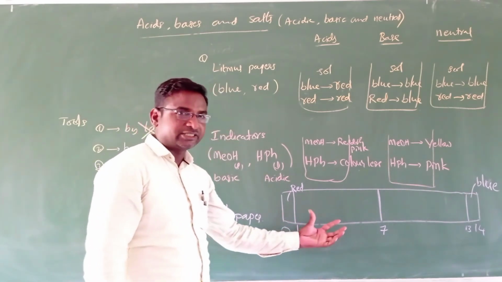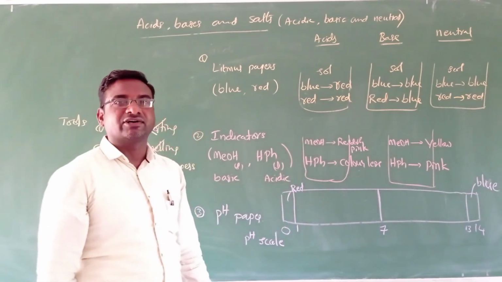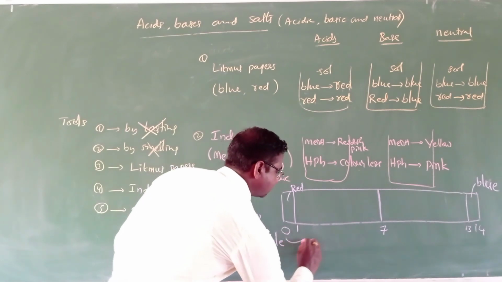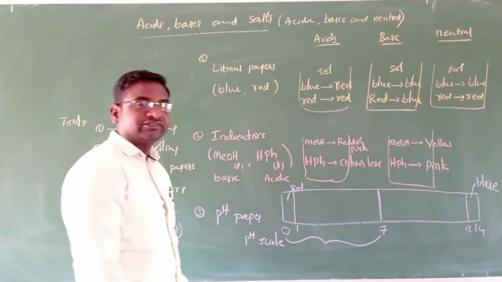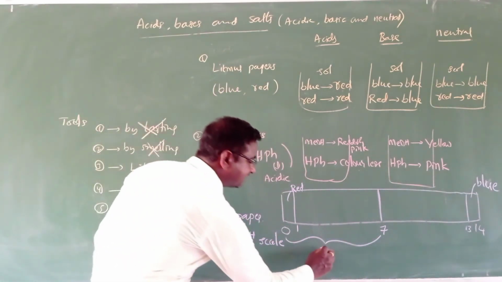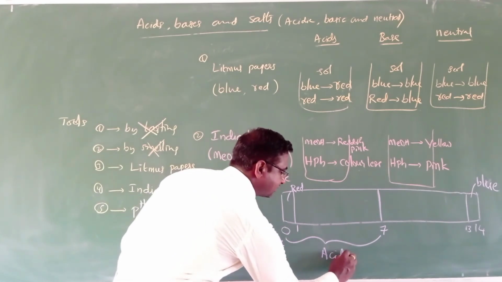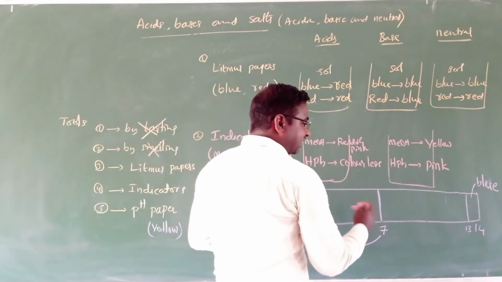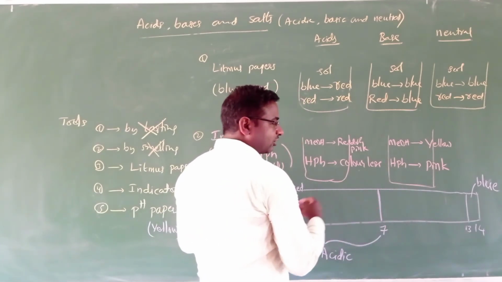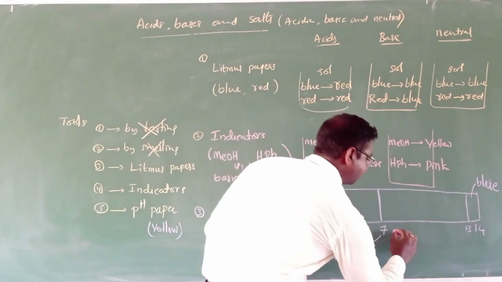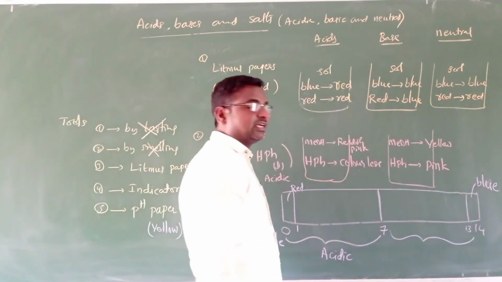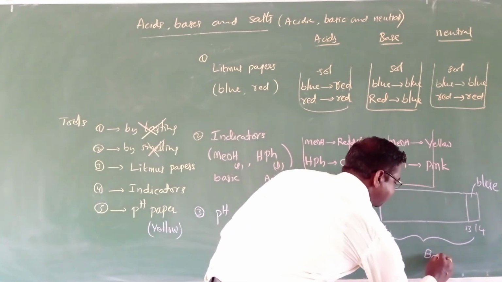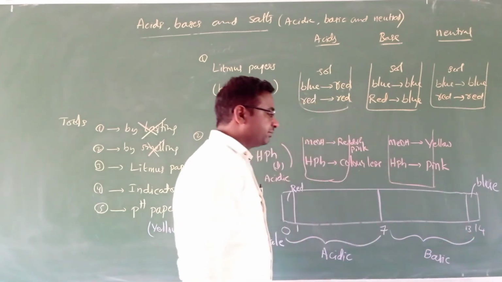So by observing this pH value, we can tell whether the given compound is acidic or basic. If the pH value range is from 0 to 7, it is acidic in nature. If the color is not in this range but in this region, the pH value is from 7 to 14, and that is called basic in nature.